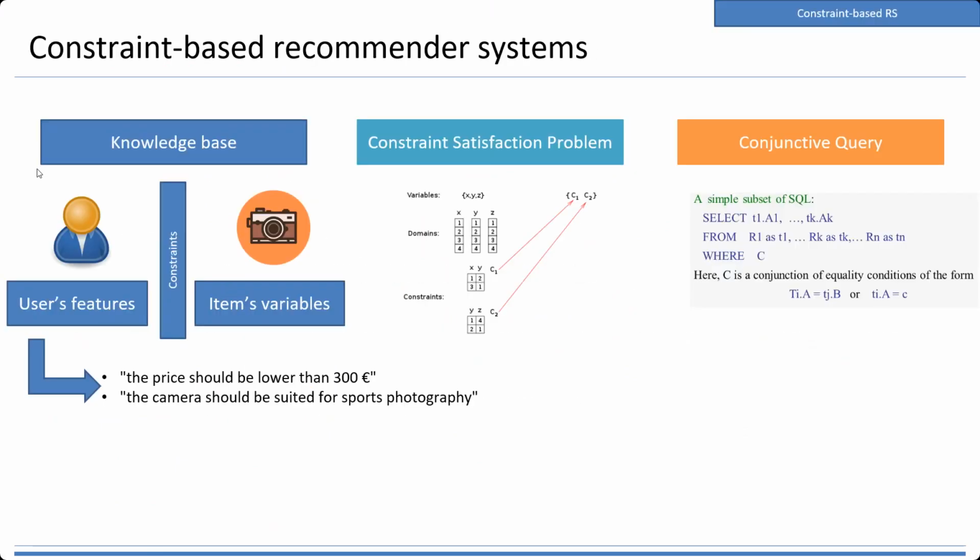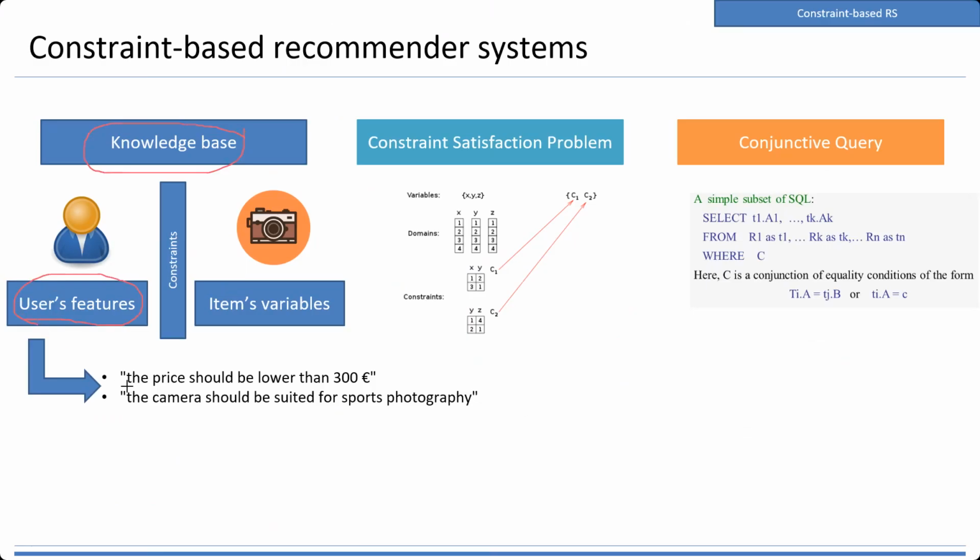If you look at this one, in the constraint-based recommender system, there are three kinds of concepts. First, we can look at the knowledge base. For the knowledge base, we will ask the user: what is your requirement?